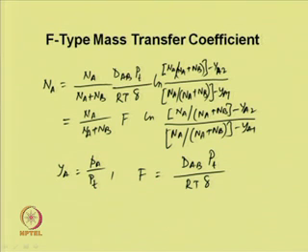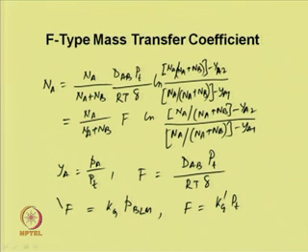Similarly, for diffusion of A through non-diffusing B, these correlations can be obtained. F is equal to Kg Pb/Lm, and also for equimolar counter diffusion, we can write Kg dash Pt.